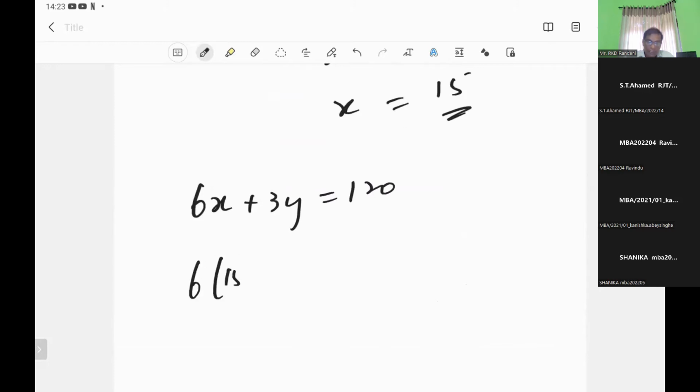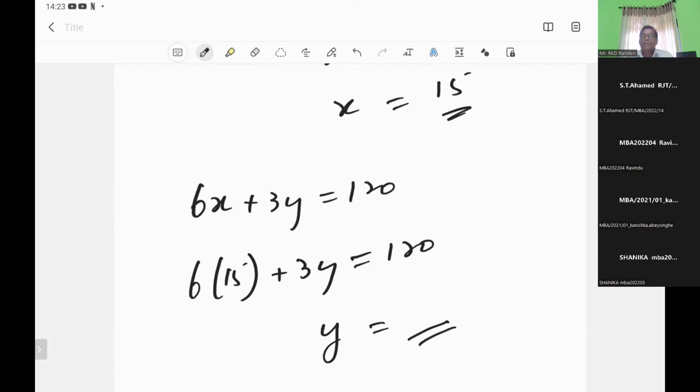Then here 15 plus 3y equals 120. Right? You can simplify this. Then y equals something. Right? Then it will be easy. Then you had better go to the past papers and realize how we are going to test the knowledge.